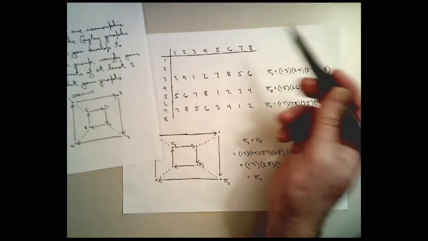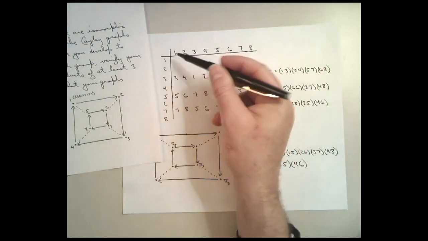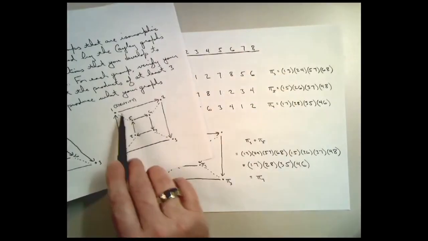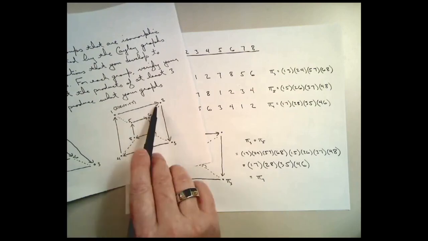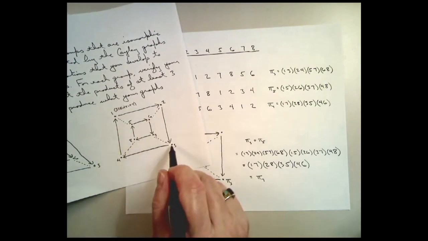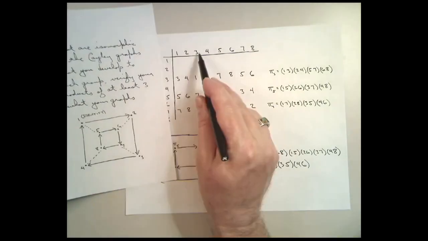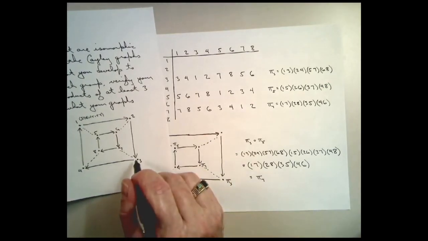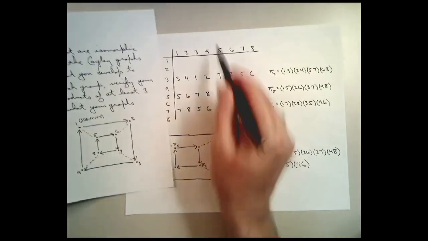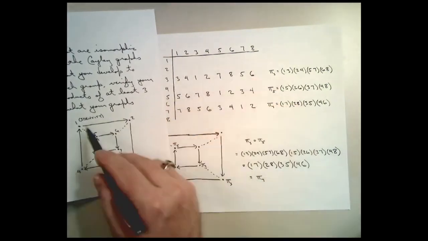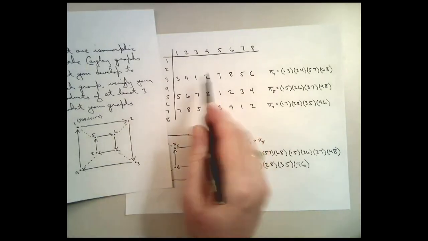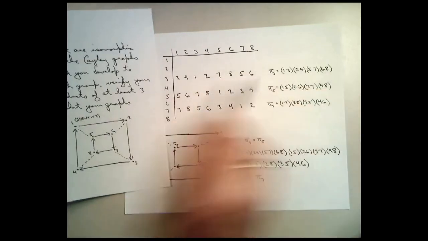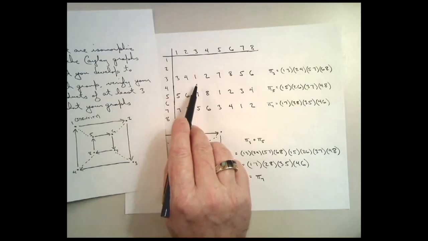For example, if I wanted to do 3, well, 1 is my identity element, so 3 times 1 is 3. 3 times 2, again, 2 is represented by just a straight arrow, so 3 followed by a straight arrow gives me 4. 3 times 3, 3 is represented by 2 arrows, so 3 followed by 2 arrows gives me 1. 3 times 4 is starting at 3 and doing 3 arrows, which gives me 2, and so on. So we can build row 3 in this way.